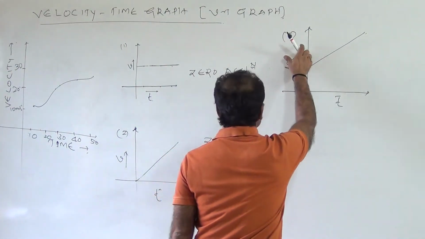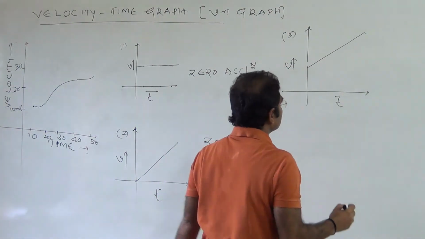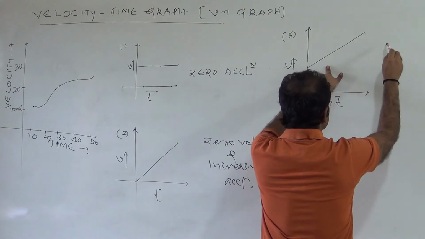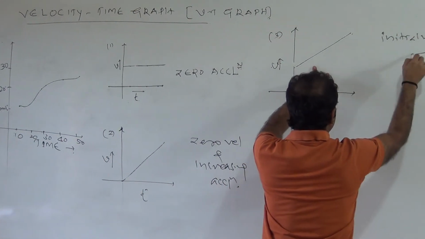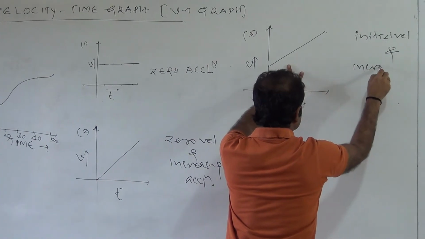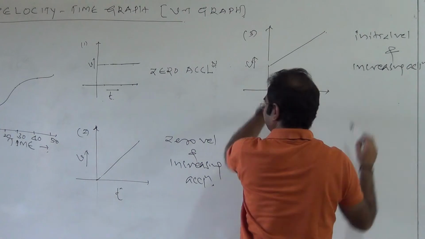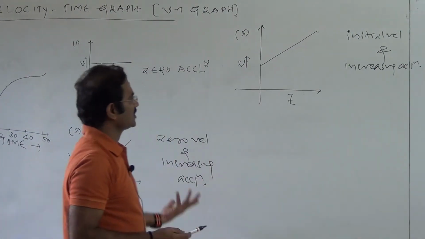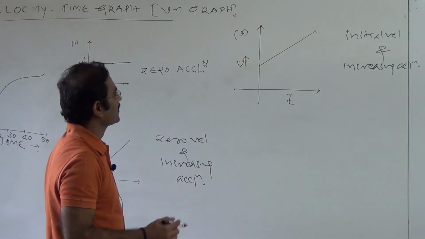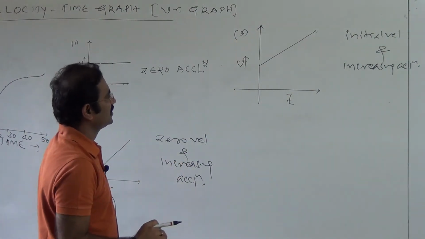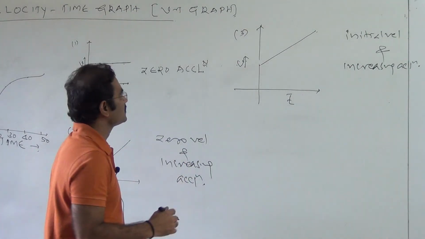Suppose there is an increase in the velocity, then obviously there is acceleration. Therefore, here it has a certain initial velocity and increasing acceleration, or you can say positive acceleration. Velocity increases, hence acceleration also increases.